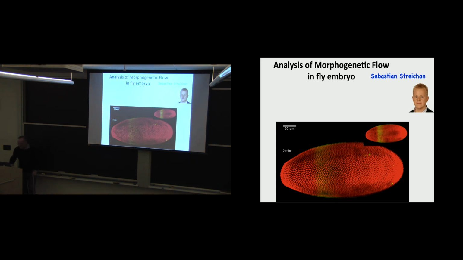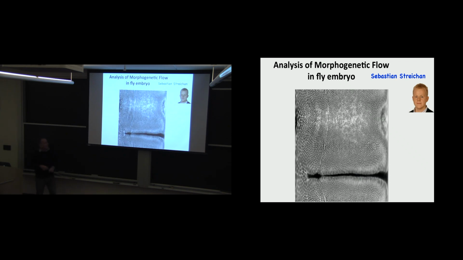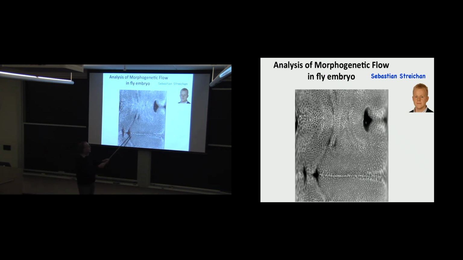So let's go back to the embryo. I already showed you this movie that my young colleague Sebastian Streichan made. I'm not going to play it again. Instead, I'm going to play another visualization of that same movie.